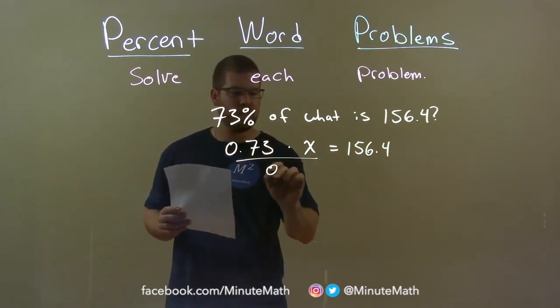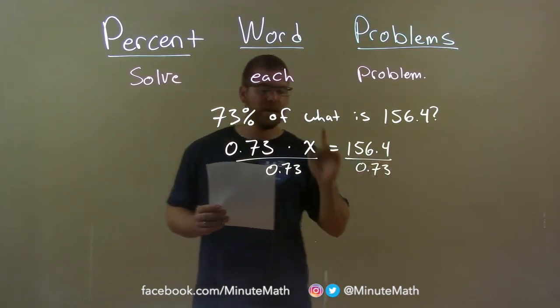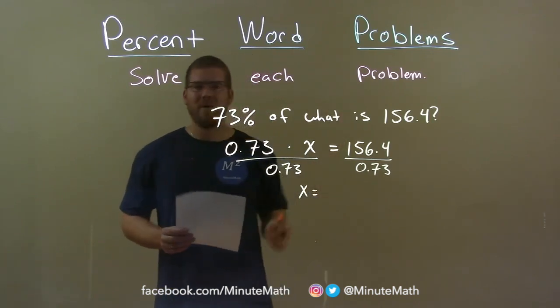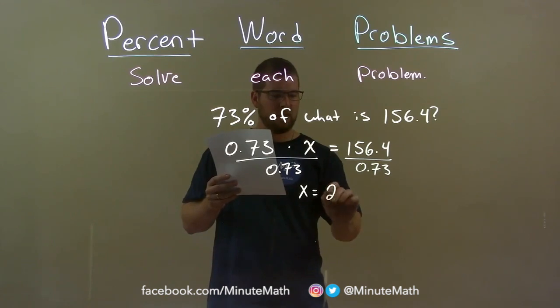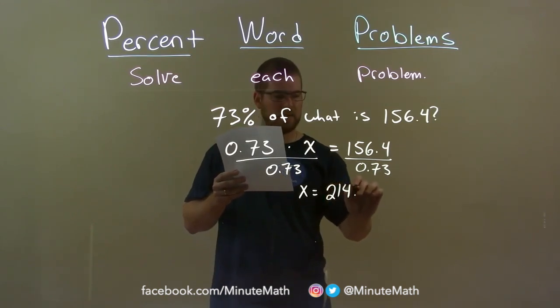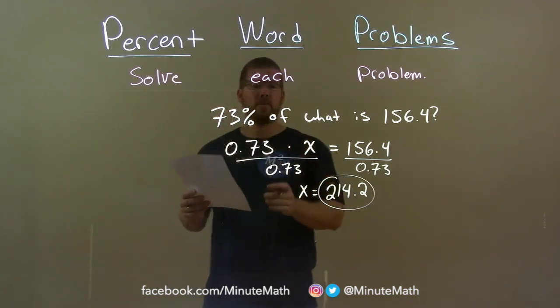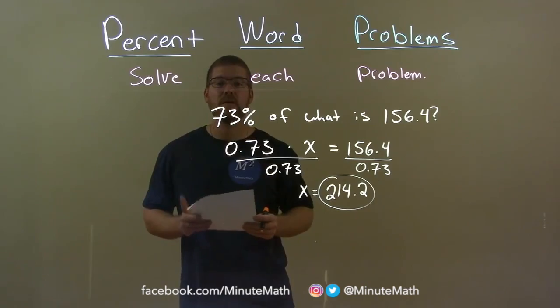We divide by 0.73 on both sides. Then we got x by itself here. X equals 156.4 divided by 0.73 is 214.2. And so there is my final answer. 73% of 214.2 is 156.4.